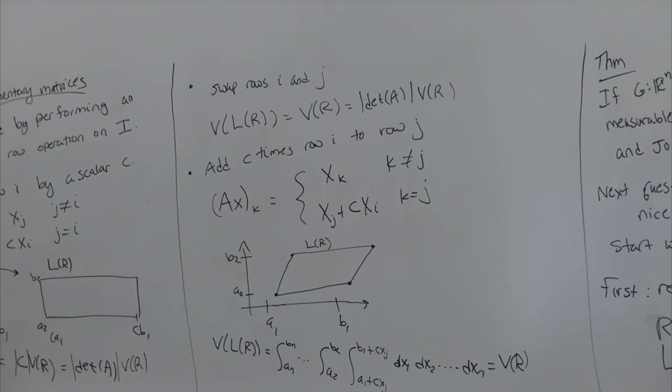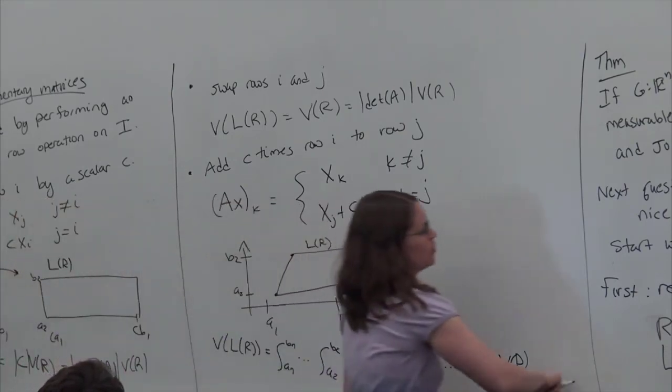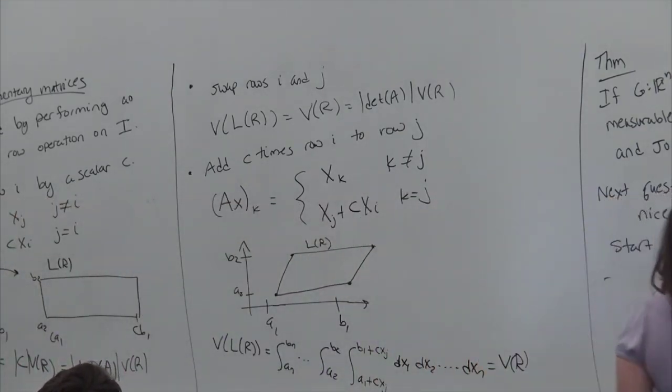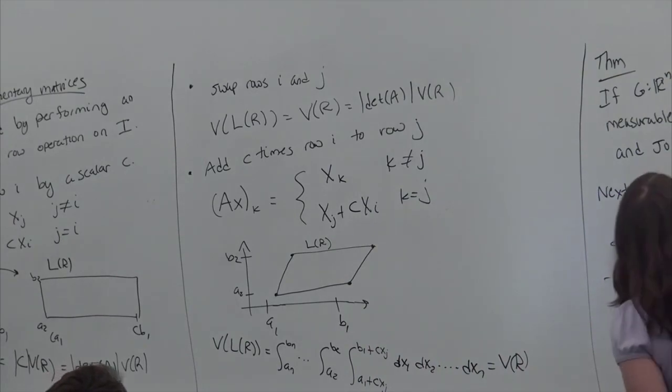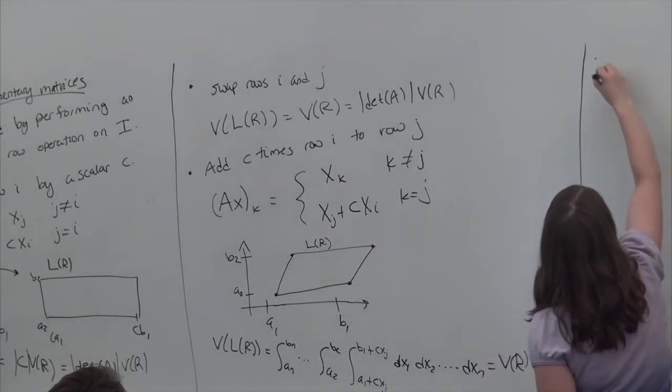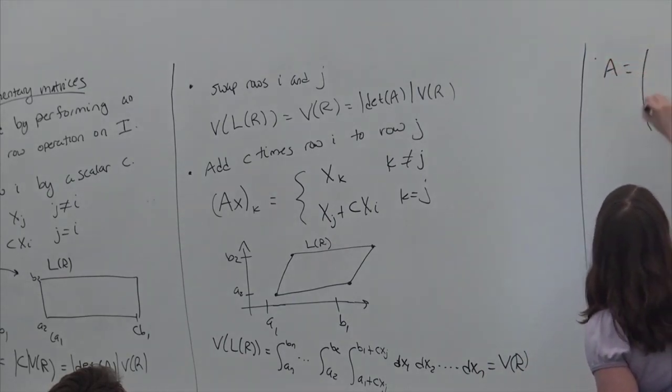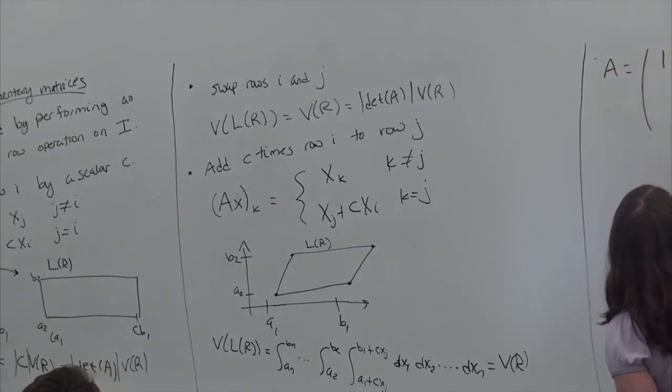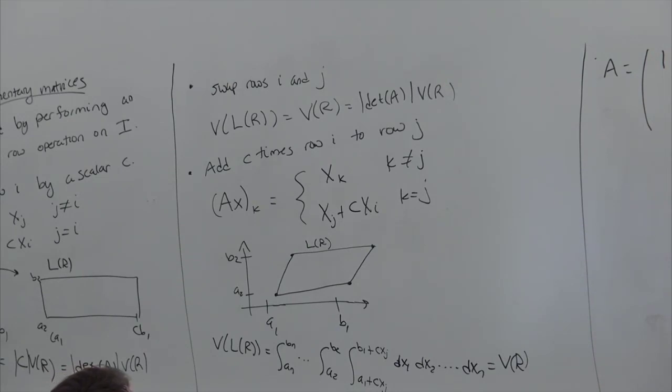And what happens to the determinant when I do this elementary row operation? Well, remember, it's not so hard to work out because we started with the identity matrix, so we had 1s on the diagonal and 0s everywhere else. Then pick a row.